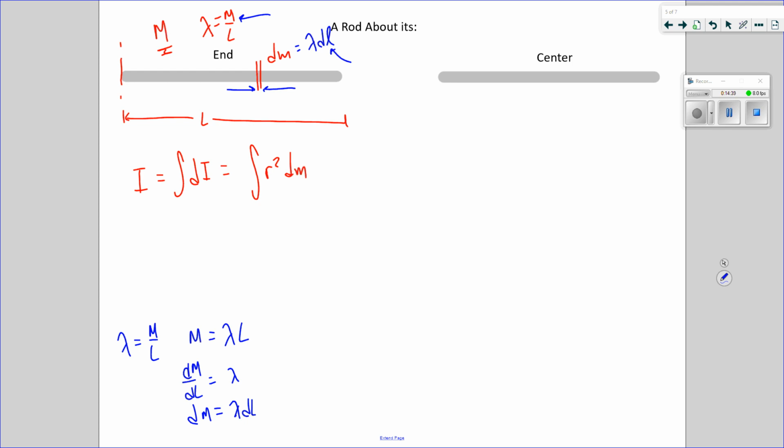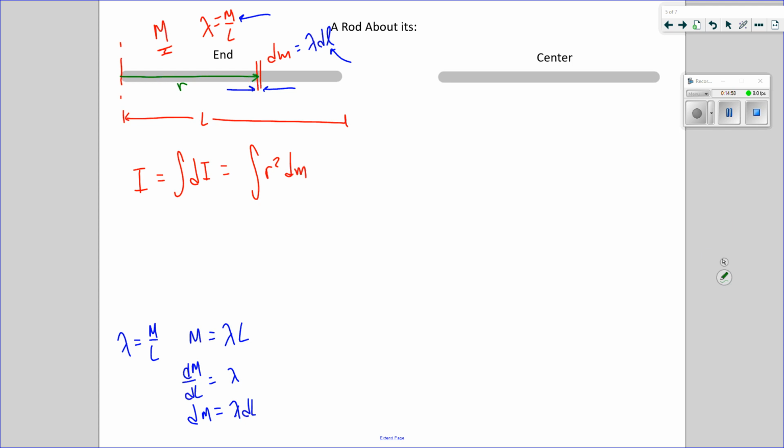Okay, so this is now r. There's r. And dl is a dr, right? It's a distance along in the direction of our r.